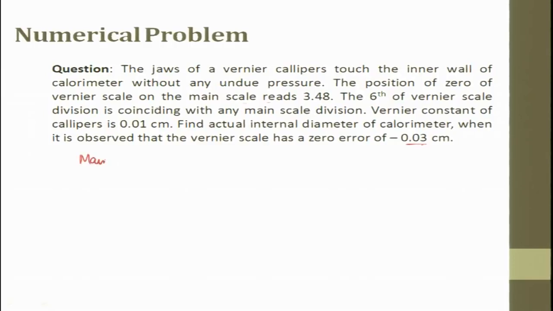So, what is the main scale reading? It is equal to 3.48 centimeters. I will also take it here in centimeters, right. Then the least count is nothing but 0.01 centimeter. So, the vernier coinciding division is nothing but 6.